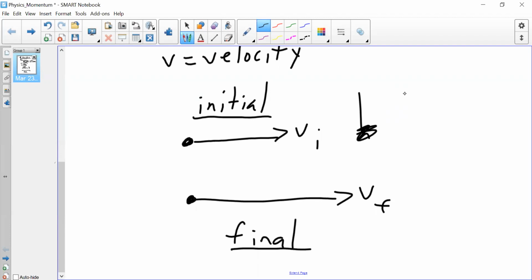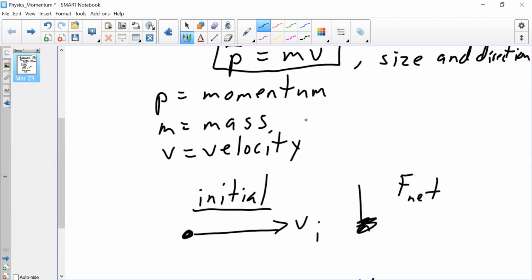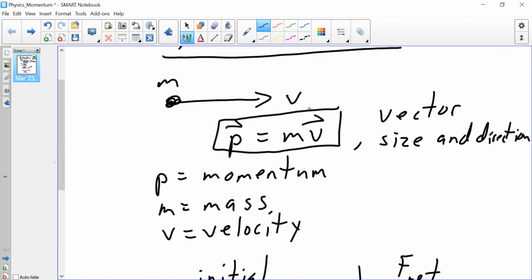So let's say we have some net force applied onto the puck by this hockey stick, and it changes the speed from V initial to V final. Okay, so it's no longer just constant momentum as we saw up here, as we saw in the case above.